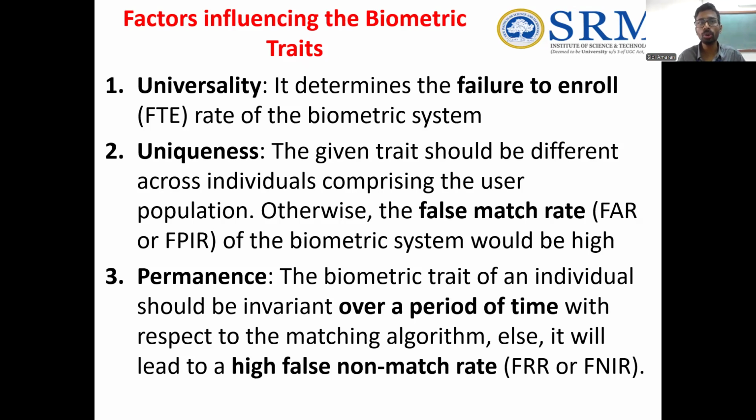In the next video, we can discuss the factors that influence the traits, then discuss the different types and the accuracy, and finally come to the conclusion whether we prefer physiological or behavioral traits. Thank you. Now I'll stop sharing it.